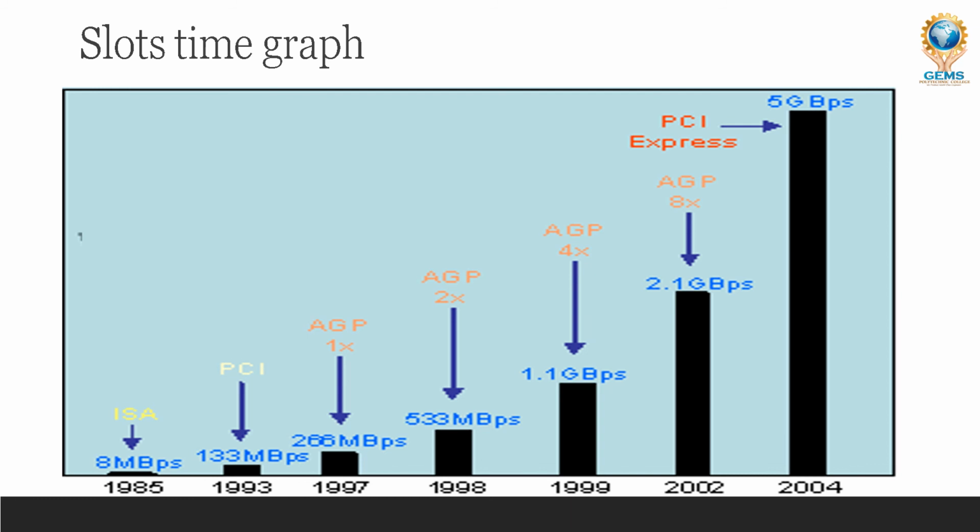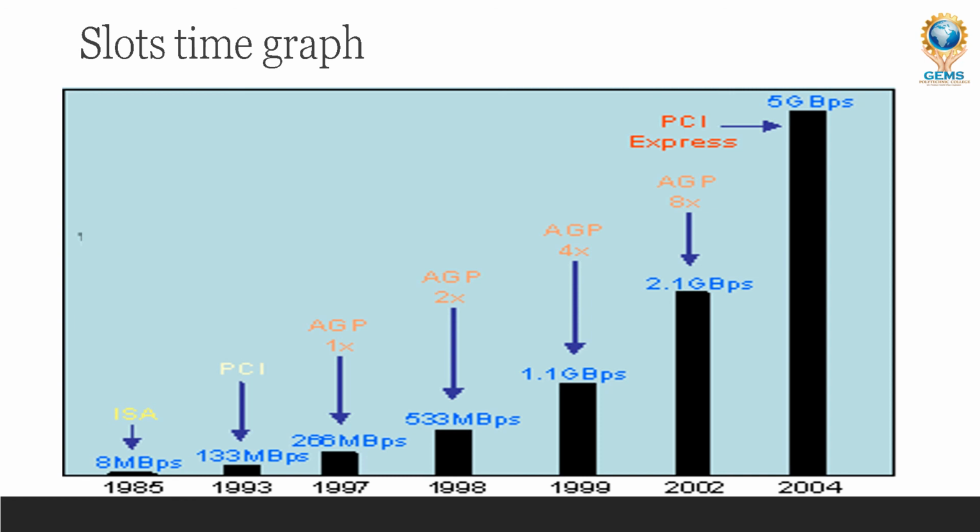In 1985, the ISA slot came with a speed of 8 MB per second. After the ISA slot, in 1993, the PCI slot came with a speed of 133 MB per second. And in 1997, the AGP accelerated graphics port slot was introduced with a speed of 266 MB per second.